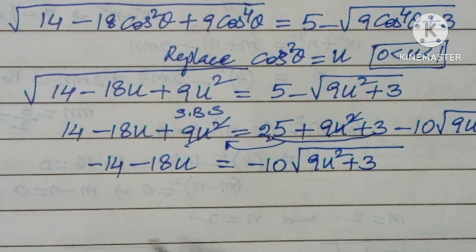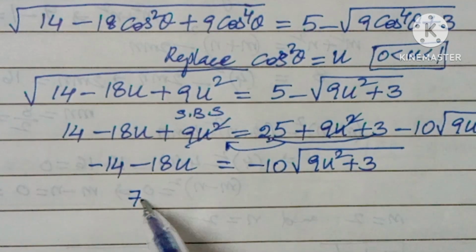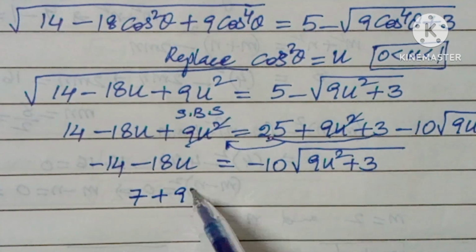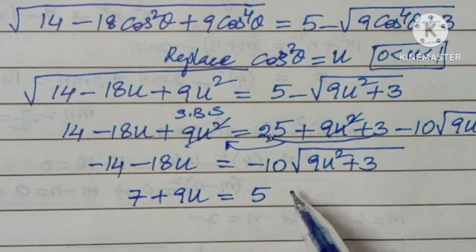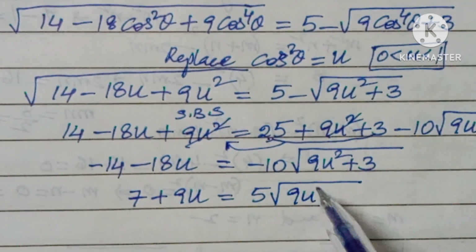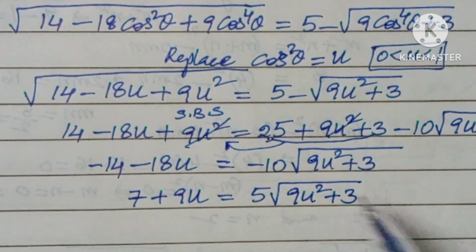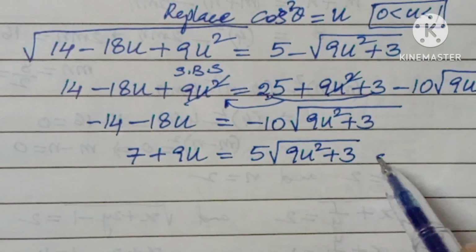Here you can remove the minus and take 2 common: 7 plus 9u is equal to 5 root of 9u square plus 3. Now again squaring on both sides.